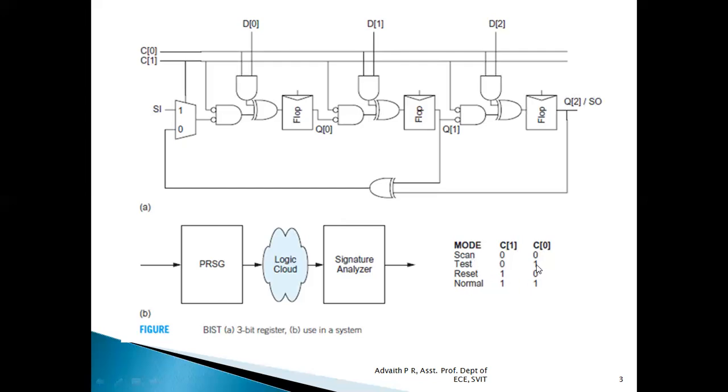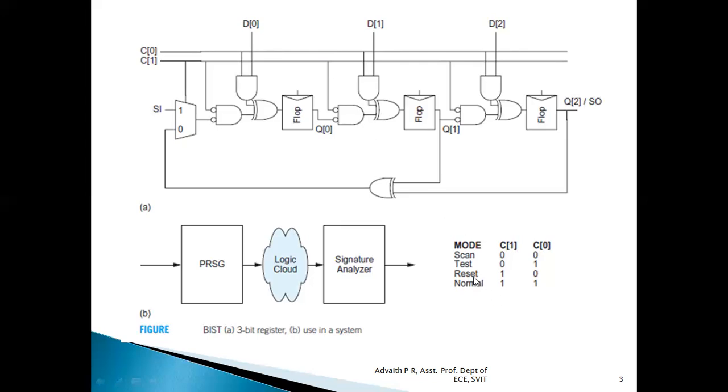When C0 is 1 and C1 is 0, it acts under test mode. When C0 is 0 and C1 is 1, it acts under reset mode. When both C0 and C1 are high, it acts under normal condition. So C0 and C1 specify the mode of operation.